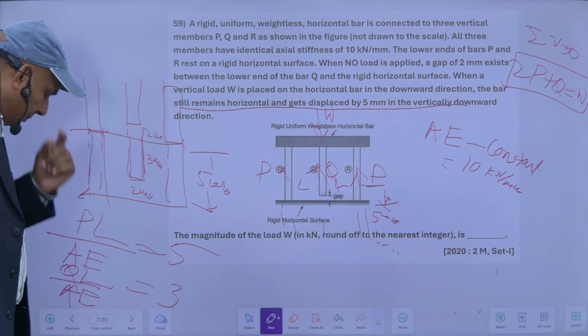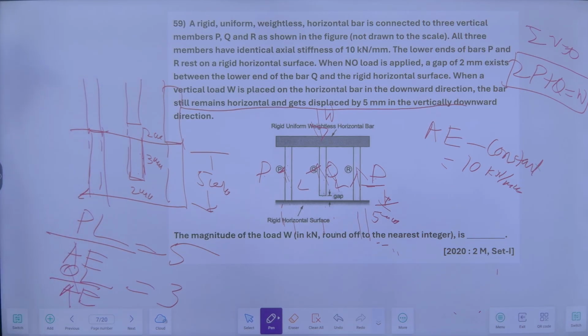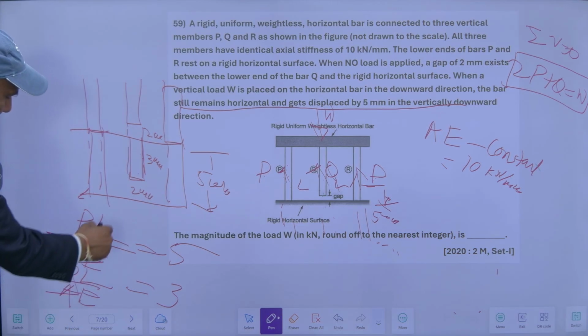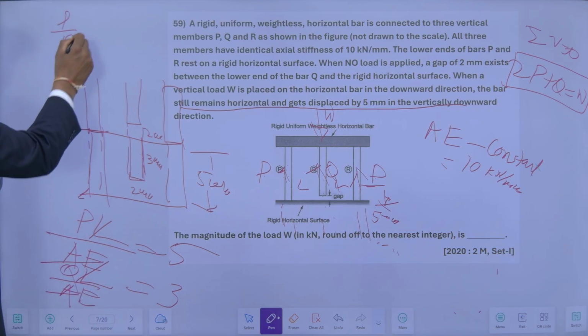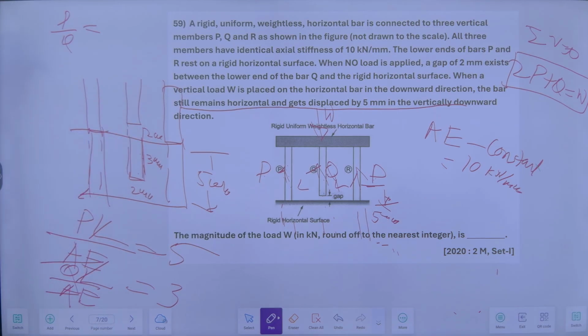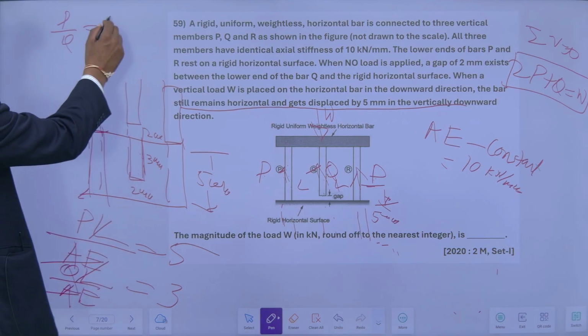So if I divide this by this, this and this will cancel each other, this and this also. So it will be P upon Q is equal to 5 by 3.